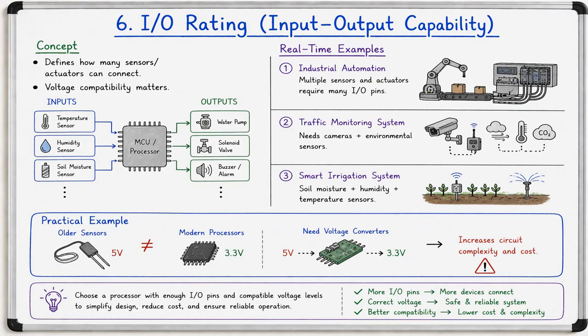In order to connect them, voltage converters are required, which will increase the cost and the complexity. So with more IO pins, more devices can be connected, and if there is any voltage mismatch, it needs extra components, and proper selection is efficient and safe for the system design.